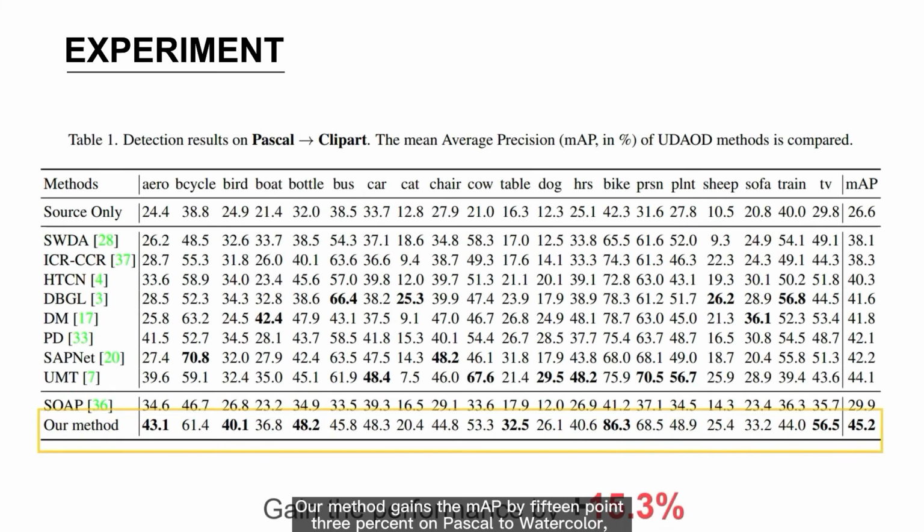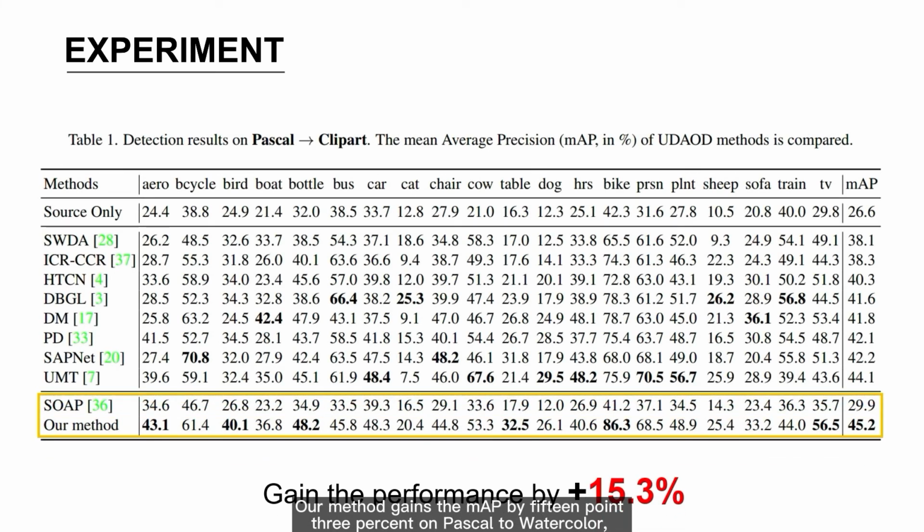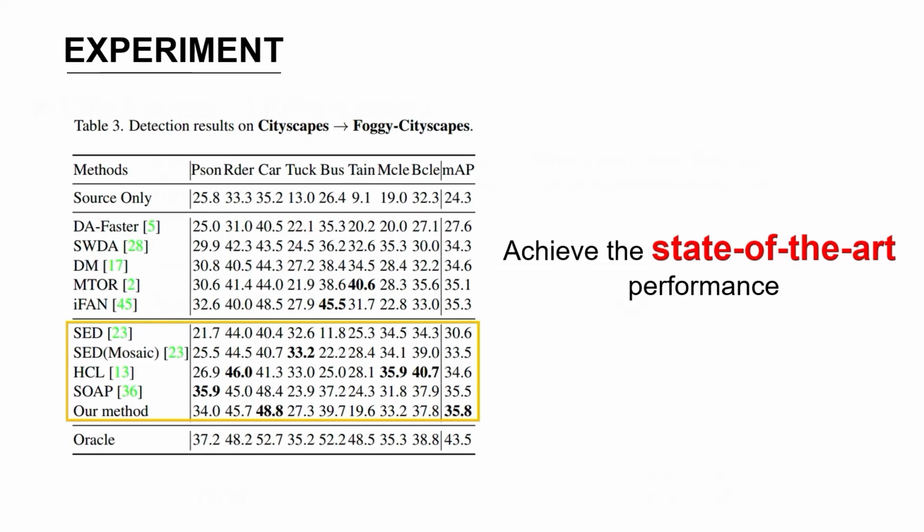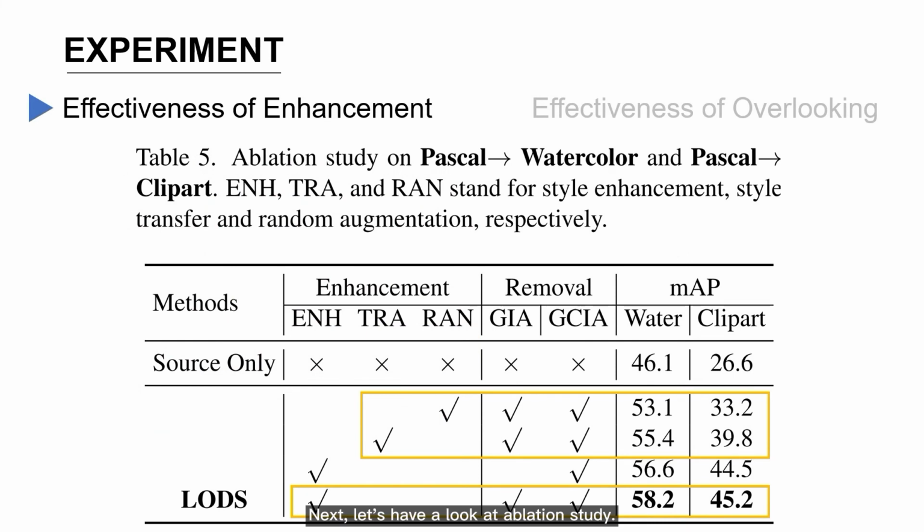Final part is the experiment. Our method gains the mAP by 15.3% on Pascal to Clipart and achieves state-of-the-art performance on Cityscapes to Foggy Cityscapes. Next, let's have a look at the ablation study.